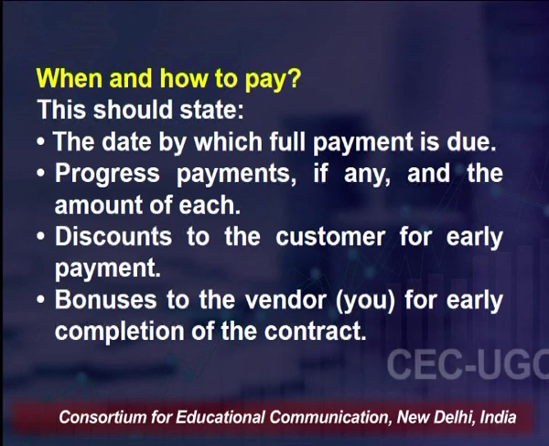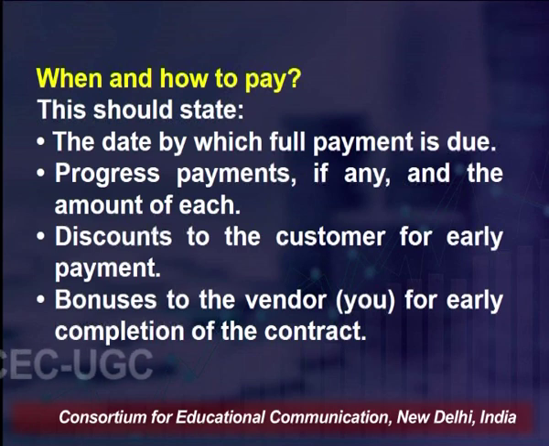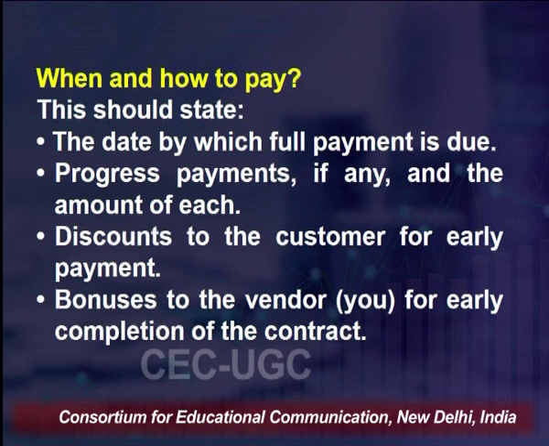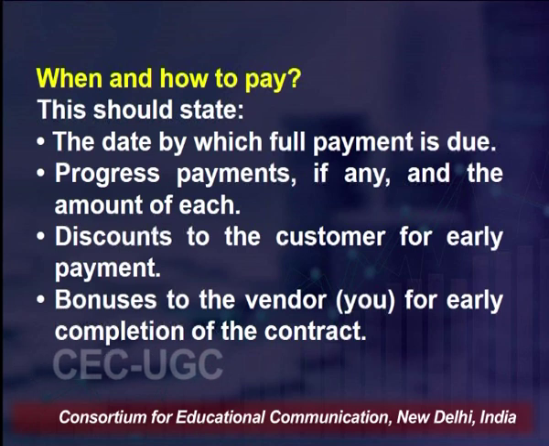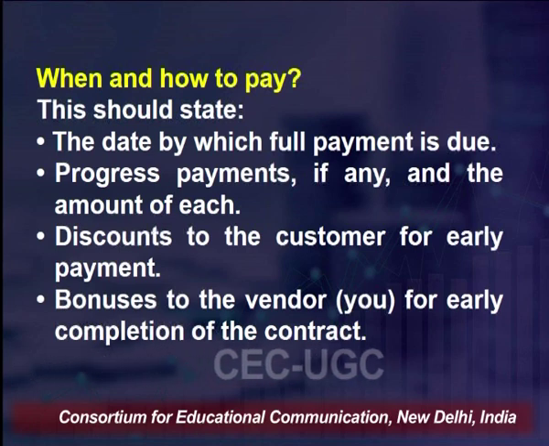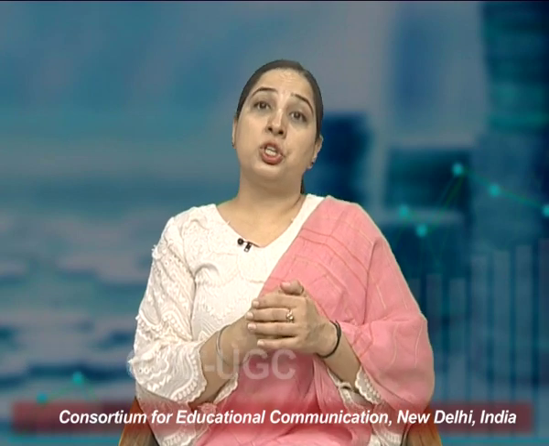And in case you are making a full payment, then also you need to specify the date. So again, if a customer X says he will make a payment within 30 days, that 30 days shall be counted from whatever is mentioned by them. So the date shall be specified by which he will make the payment in lump sum, or by which he will make installment-based payments, which are progress payments.